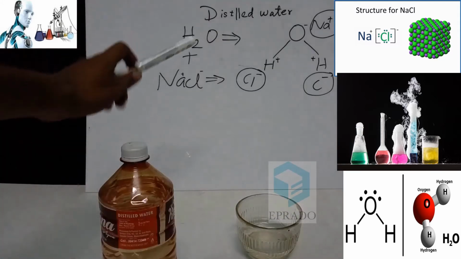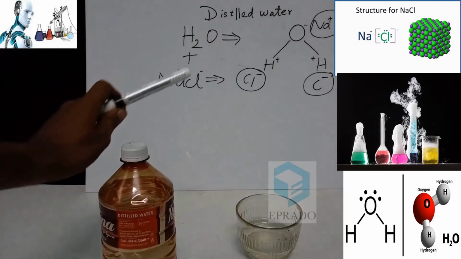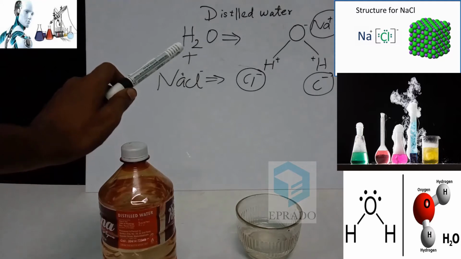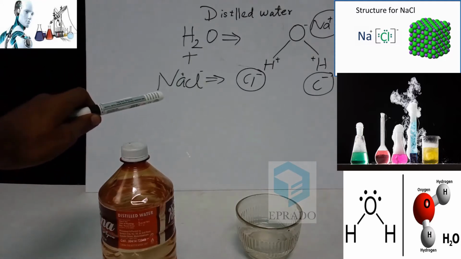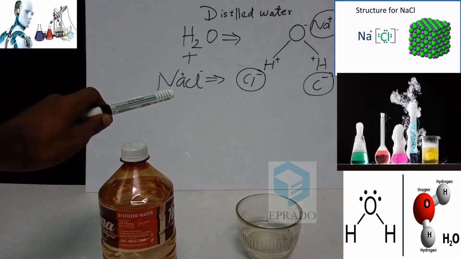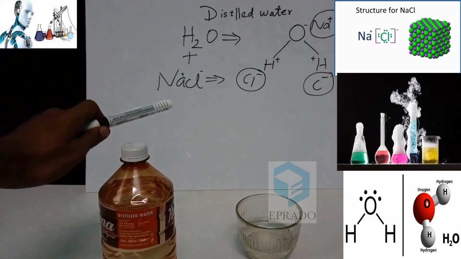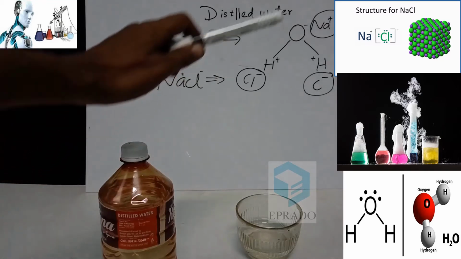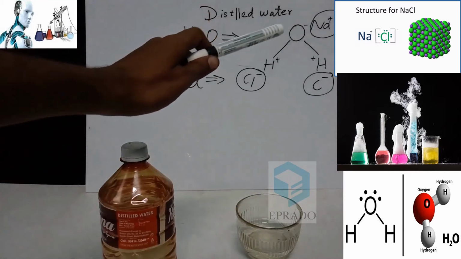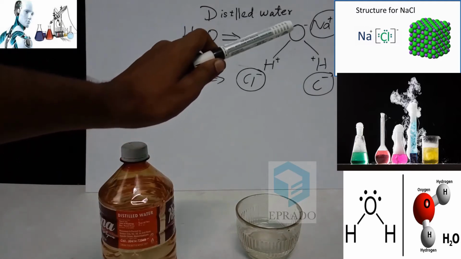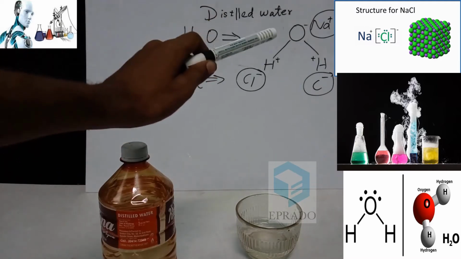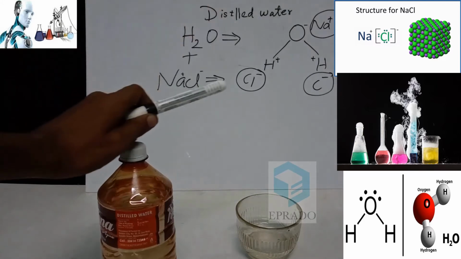So what has happened is, when we mix NaCl in water, the sodium ions, that is positively charged sodium atoms, are attracted by negatively charged oxygen atoms and they form a bond.